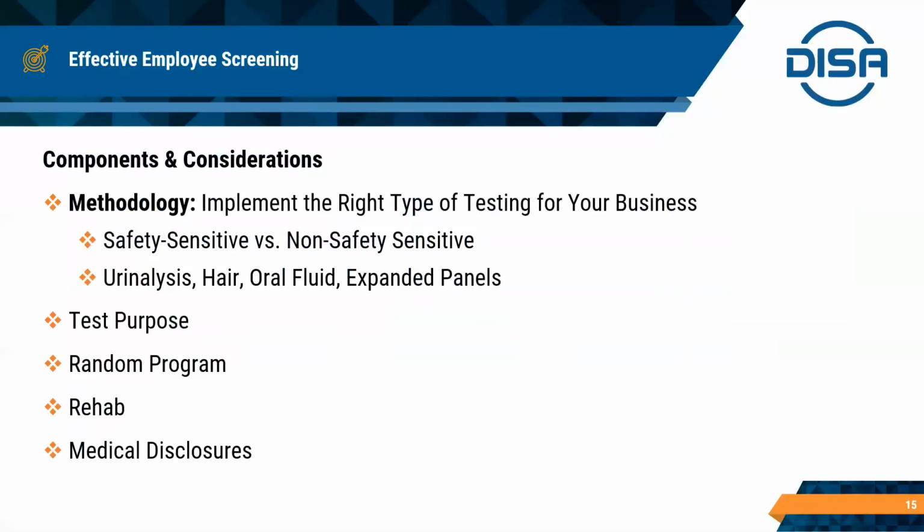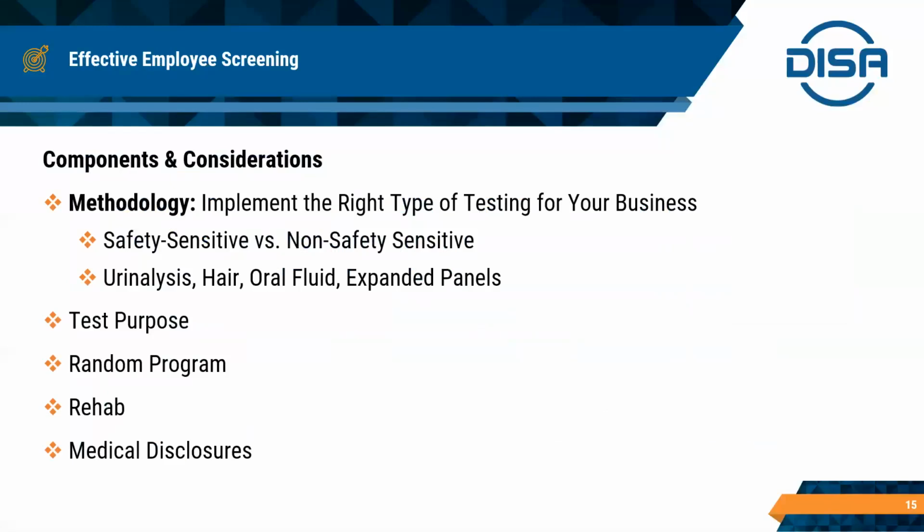One thing I would like to point out on this slide, medical disclosures. So there are a number of white papers and presentations that have been given specific to medical disclosures. And essentially one of the challenges with employers is that when somebody legitimately has a substance in their system, and so ultimately that test result is reported out as negative, there still may be a safety risk or an impairment risk.